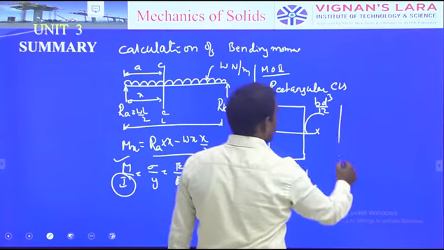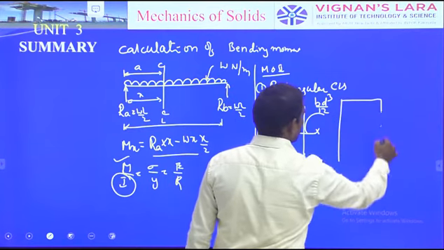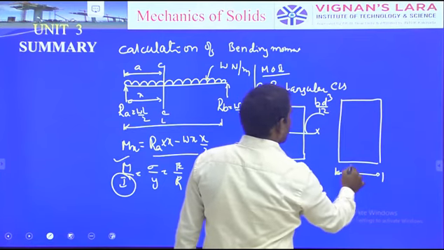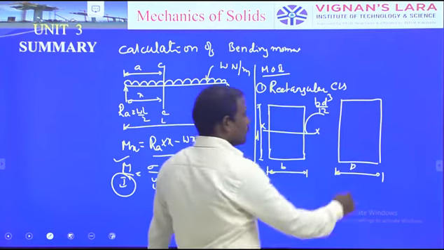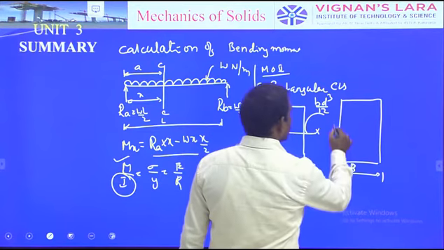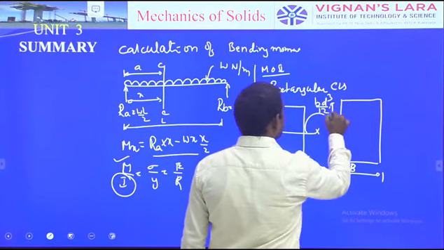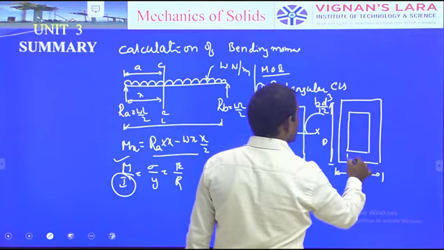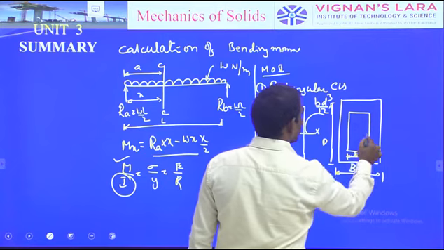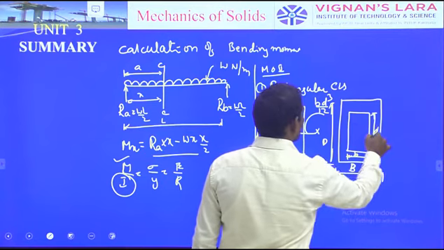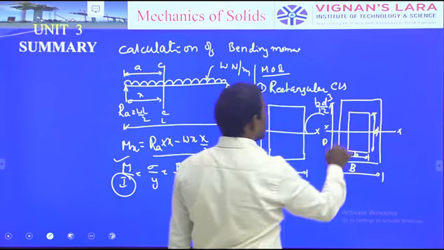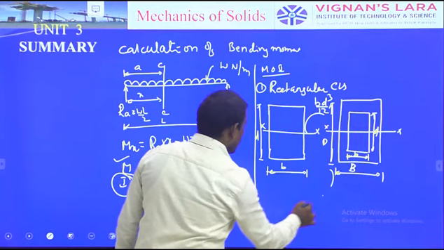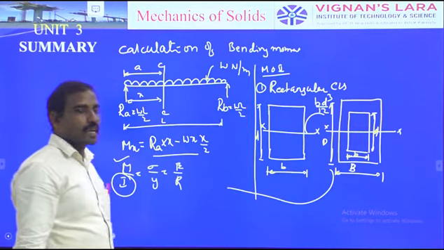If it is a hollow section, say the same one as a hollow section with dimensions base B and depth D, and some portion is removed with dimensions small b and depth small d, then we have to find the moment of inertia of the hollow section about its neutral axis or central axis.